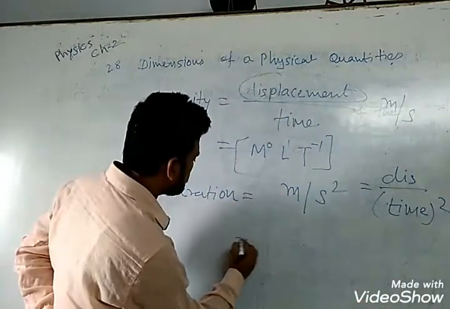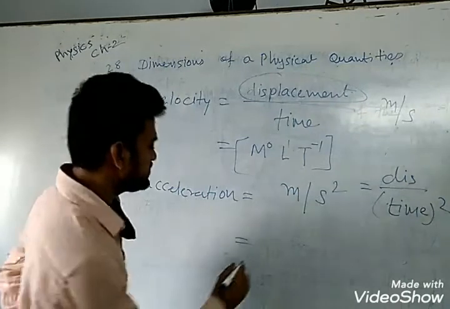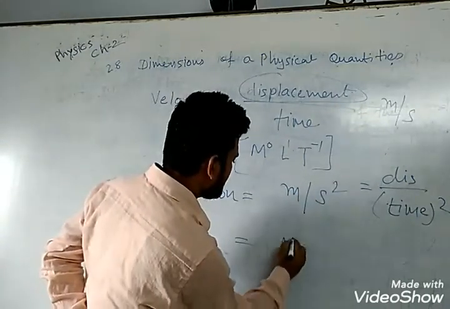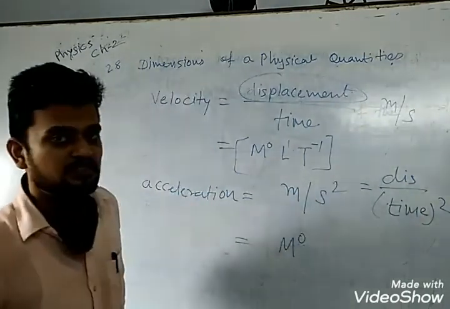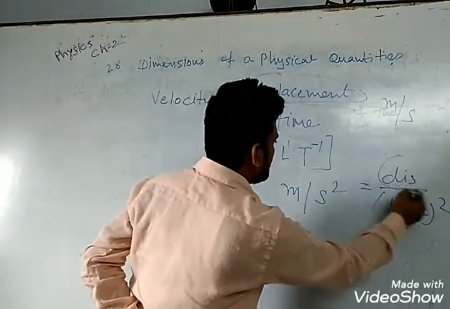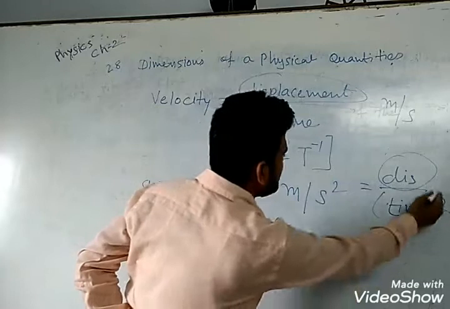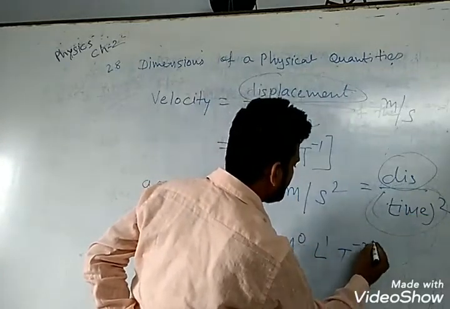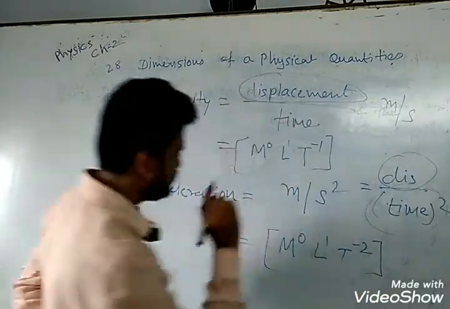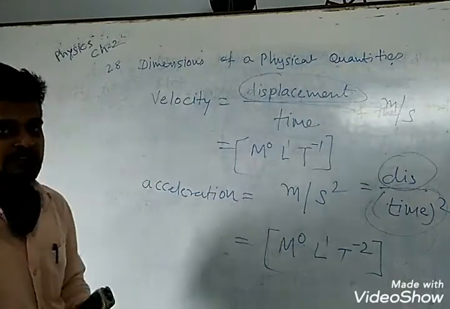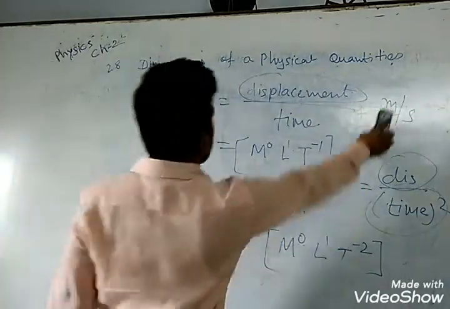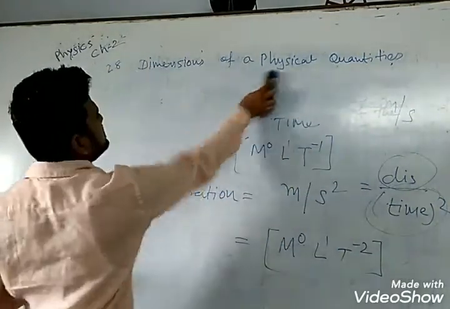So dimensional formula of acceleration is mass 0, length L1, and T is minus 2.